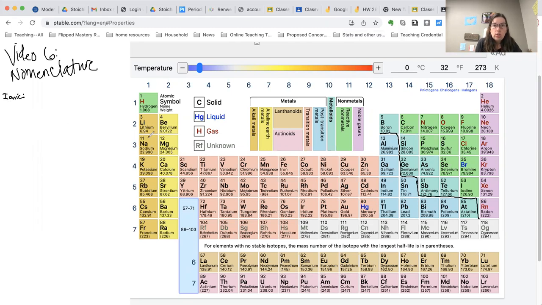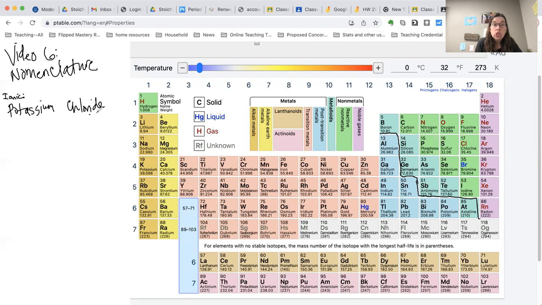Let's say we're going to have potassium chloride. So I'm going to write the words potassium chloride. First thing to notice is that the positive ion goes first. That's the first rule that you need to know. The negative ion goes second when you're naming the compound.